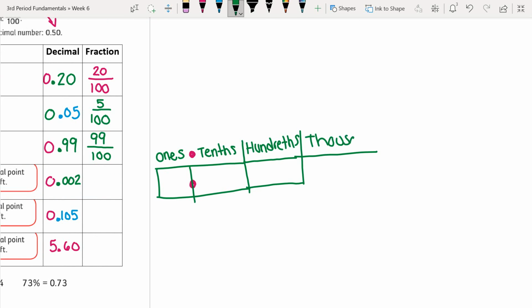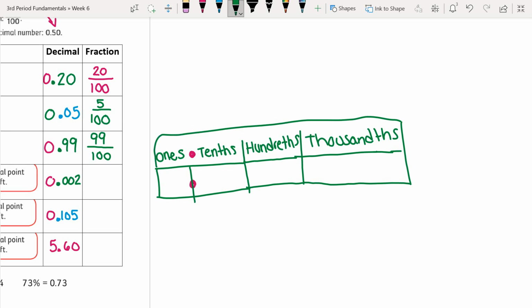Now this actually goes on for a very long time, but we don't really need more than the thousandths spot in our lives. This is really where we do most of our math problems. So a table like this should look kind of familiar because we've seen it before in some of our previous notes.